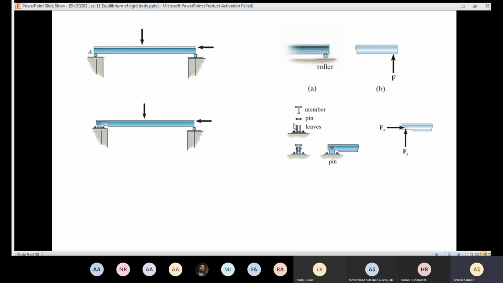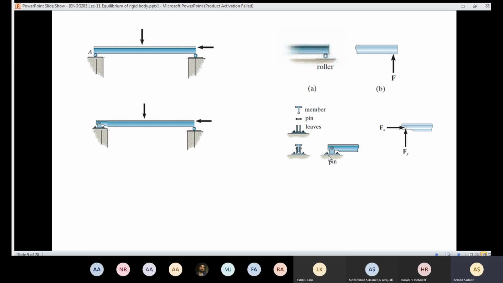And then we have the leaves in order to hold the member like that. And then I'm going to put the pin. So I have the member, the leaves, and the pin. From that view it is going to be like that.